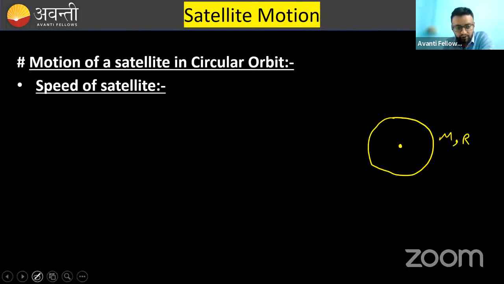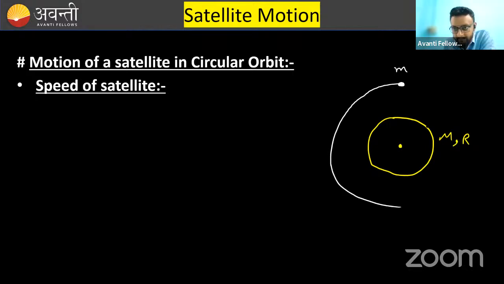Now a satellite is launched and it is revolving. This is our satellite, which has a mass small m. It is revolving in a circular orbit like this. This is a circular orbit. I'm writing it here, orbit of satellite.